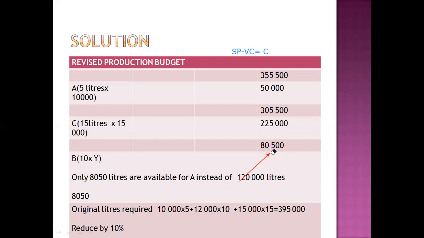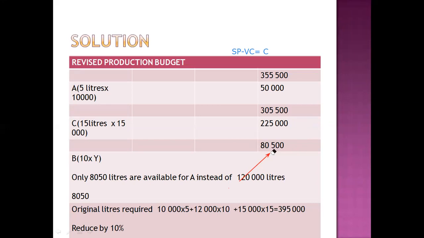Okay, so we are going to say how many liters. Instead of producing 120,000 liters, we can only produce 80,000 liters. So how do you get the number of units that are required? It's a matter of saying 80,500 divided by 10.